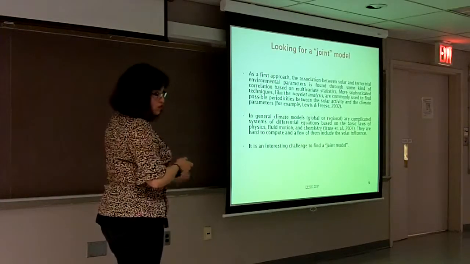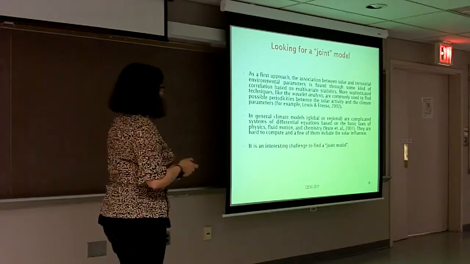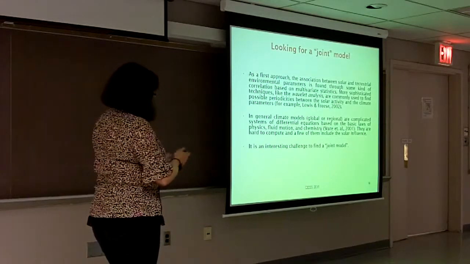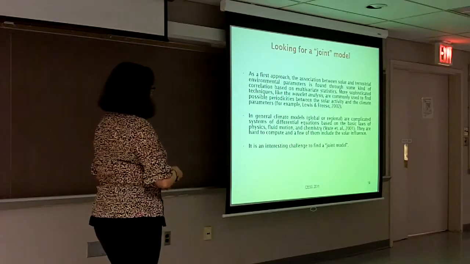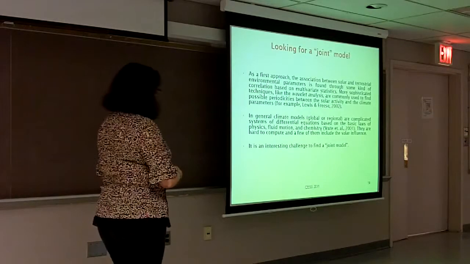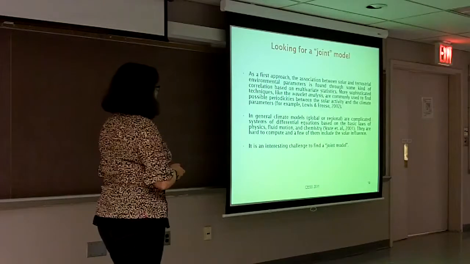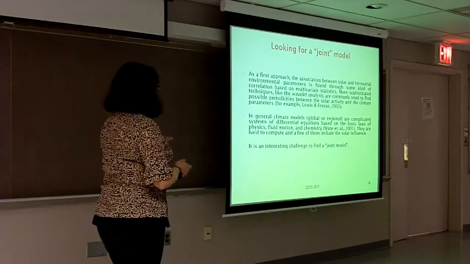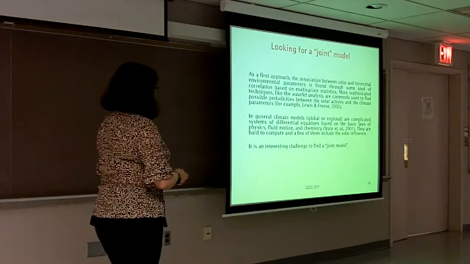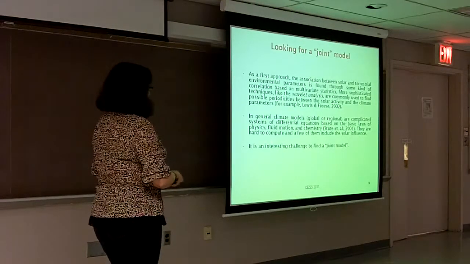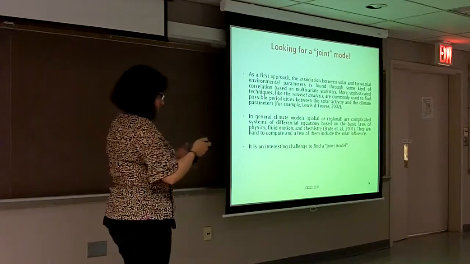You cannot trust that the results they are getting are associated with solar activity. So this is one part. In the second part, the climate models are very complicated systems where you have to compute a lot of different equations and that kind of stuff. Few of these models include the solar influence. So that's why it's an interesting challenge to find a joint model, and that's the thing that we want to do in this project.